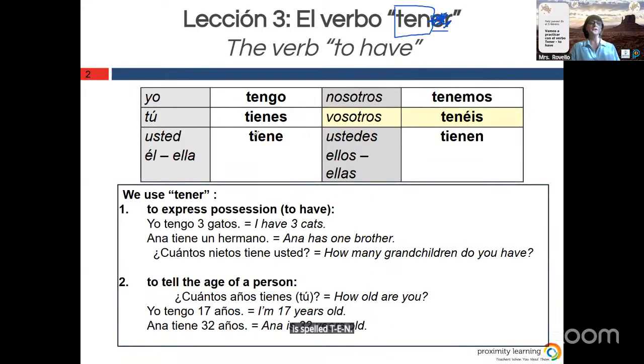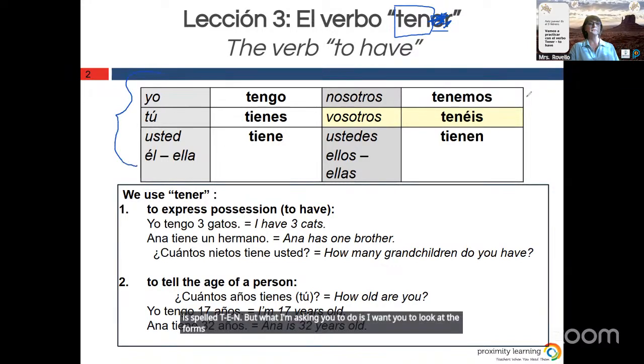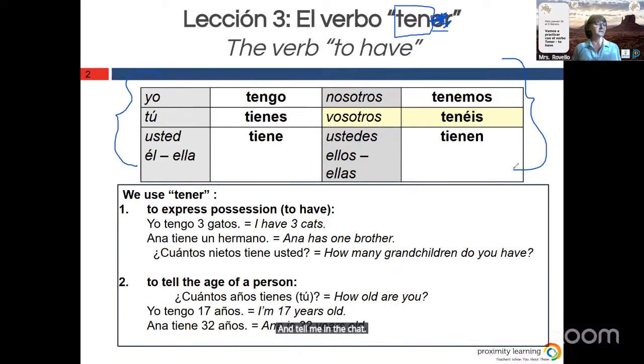But what I'm asking you to do is look at the forms of the verbs and tell me in the chat which forms change the spelling of the stem. In other words, which ones are not spelled T-E-N? Can you pop that into chat?